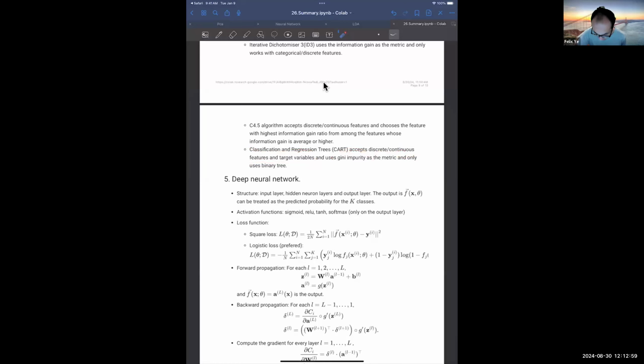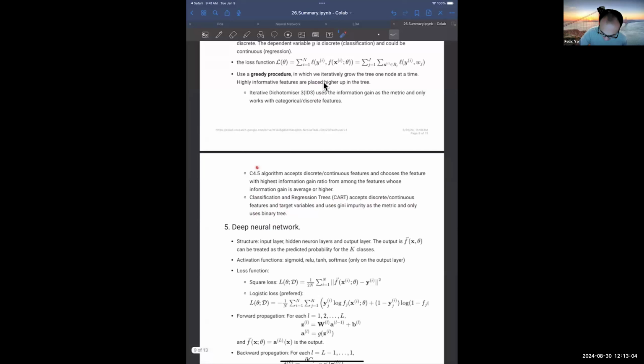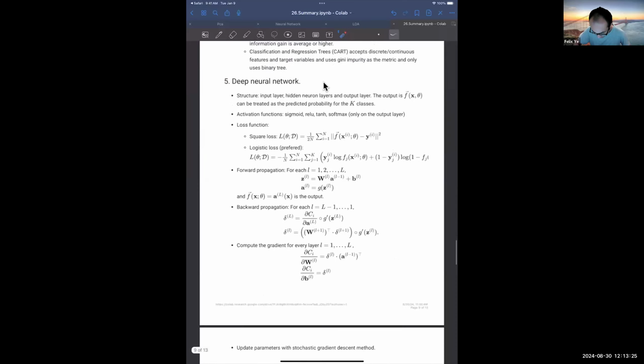It can also only generate a binary tree. But for ID3 and C4.5, it's not necessarily a binary tree, and each node can have multiple branches, right? If you want a binary tree, you should only use the CART algorithm. We implement everything from scratch, so this is the key part.